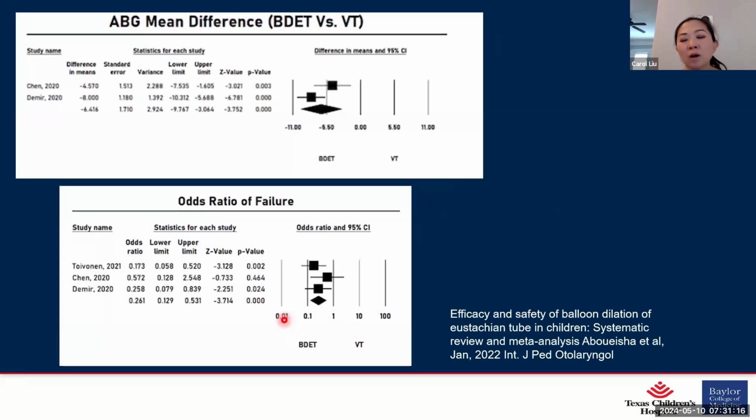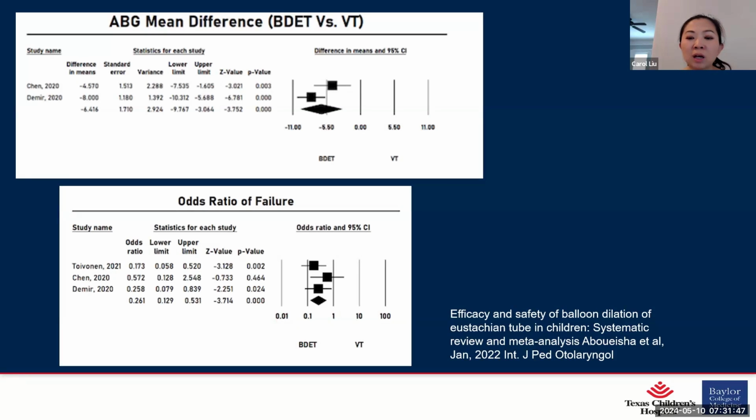So there are some systematic reviews on Eustachian tube dilation, and again, it's mainly adult. What they have shown is that in the air-bone gap, kids with balloon dilation of the Eustachian tube have a statistically significant post-dilation reduction in air-bone gap in comparison to kids that only get a ventilation tube or ear tubes.